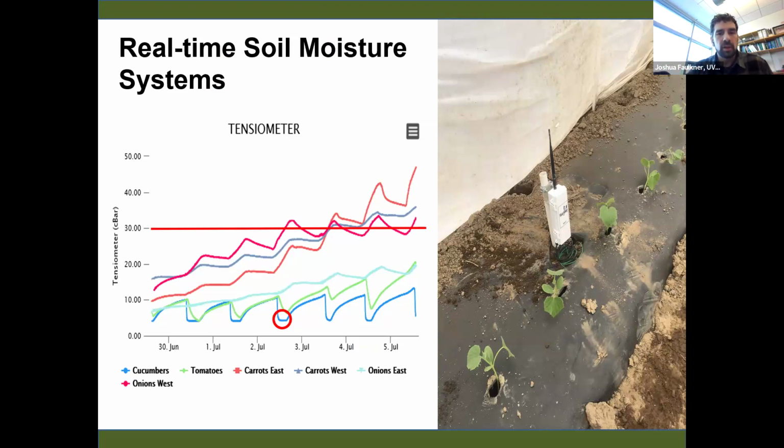And then the red circle at the bottom is where the farm is actually over irrigating. The soil tension is dropping and flatlining when the soil is saturated, and so we knew we were having leaching occurring during that period where we see flatlining saturated soils. So you get lots of information out of these because you see what's happening with your soil moisture in real time and day by day with each irrigation cycle.